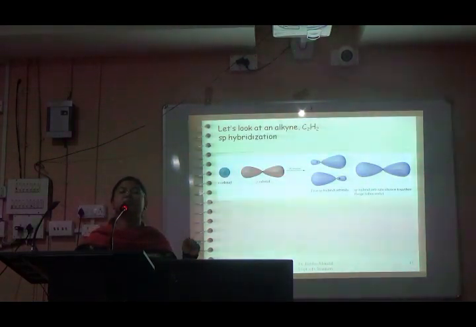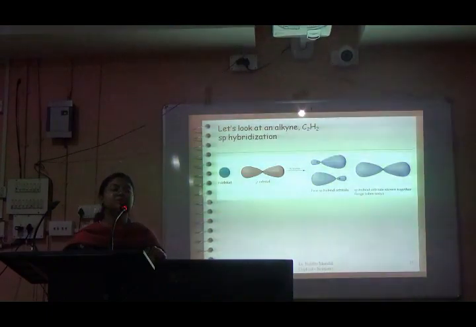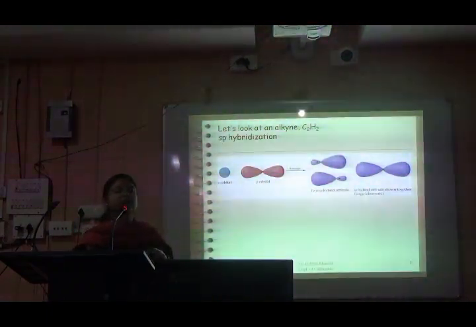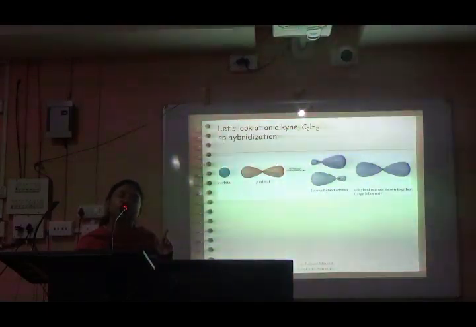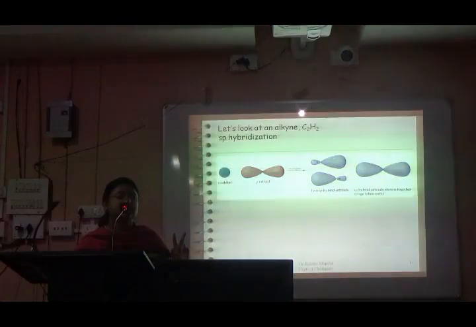Now let us consider a triple bond. What happens in case of a triple bond? In a triple bond, like acetylene, one s orbital and one p orbital combine to form sp hybrid orbitals. Since 2 orbitals combine, the resulting hybrid orbitals are also 2 in number: sp, 50% s, 50% p.